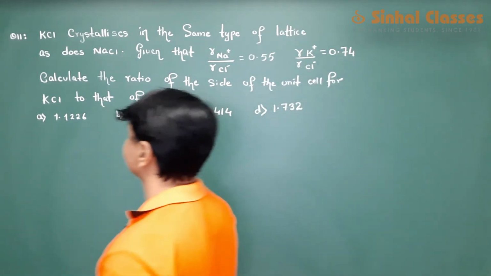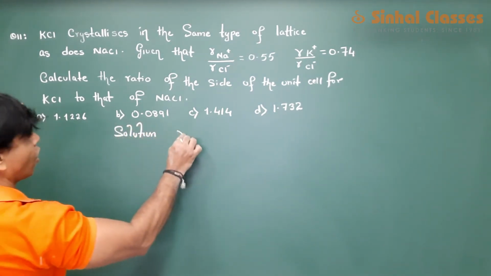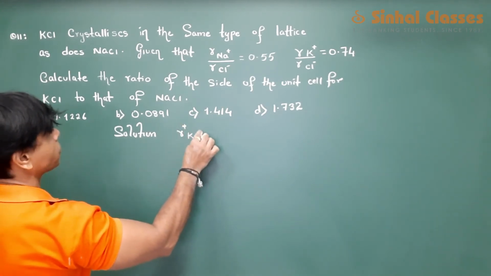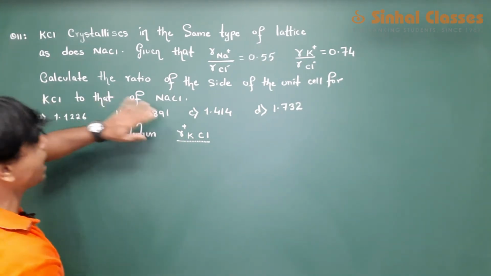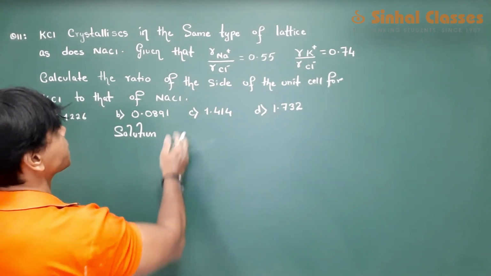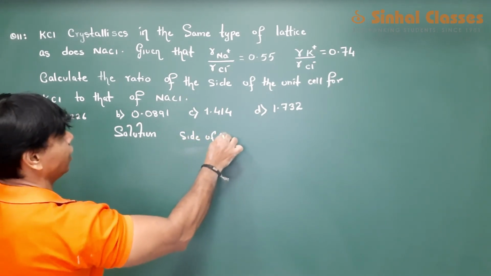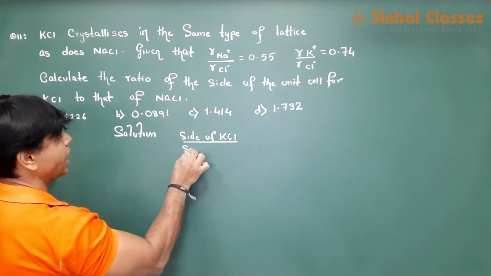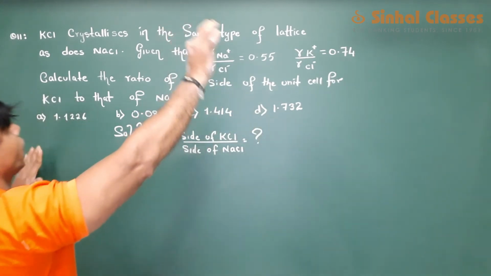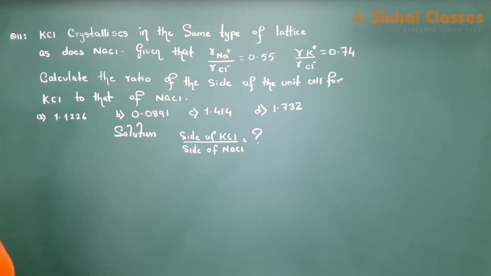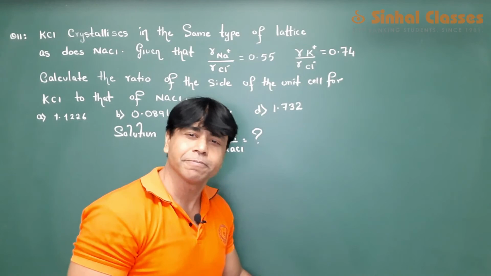So you want the ratio of the side of unit cell of KCl upon NaCl. So let's see how to calculate this.